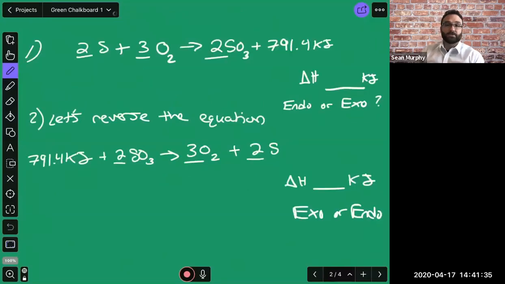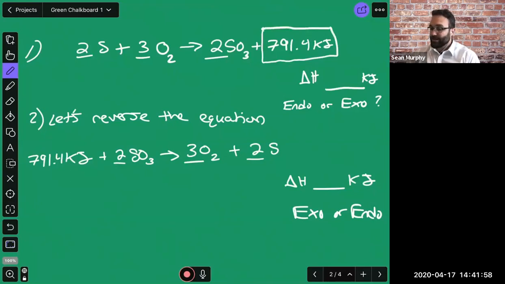All right, so here's our equation. We have 2 sulfur plus 3 oxygen produce 2 sulfur trioxide, and we have some heat listed here. Now it's inside the formula. However, it's on the right-hand side. It was released. Therefore, what is my delta H?